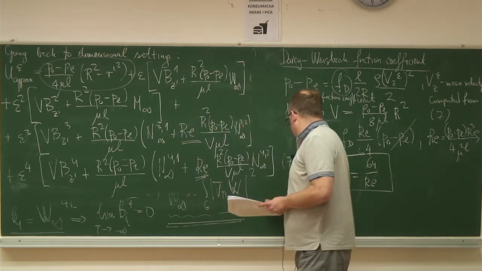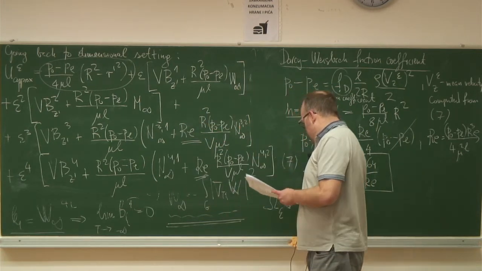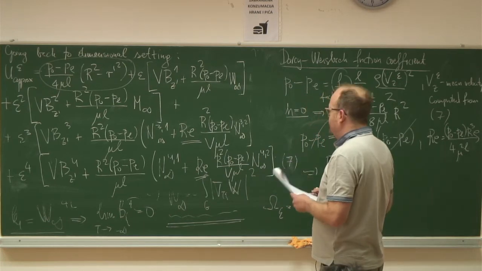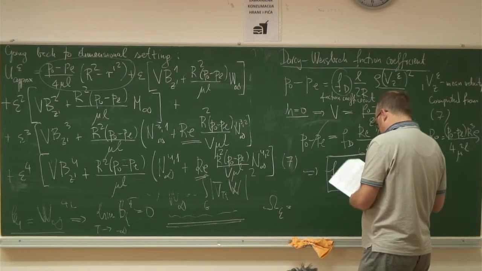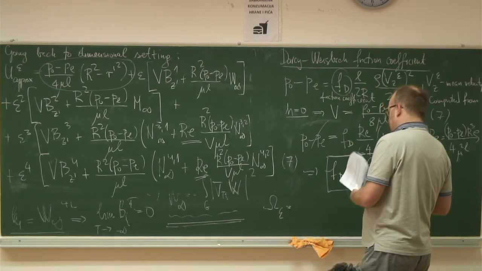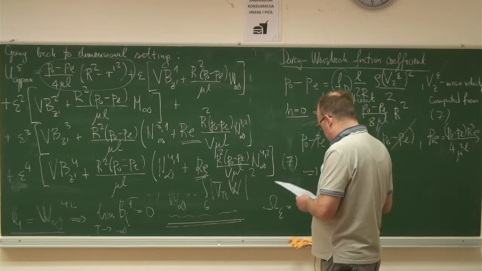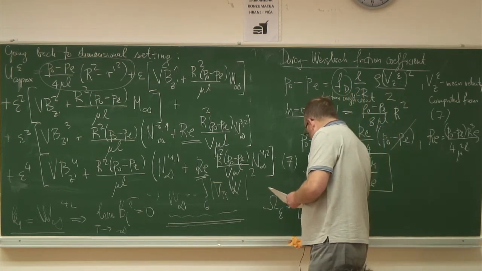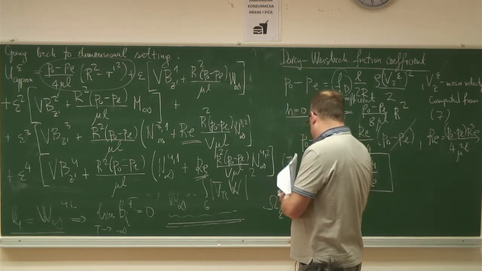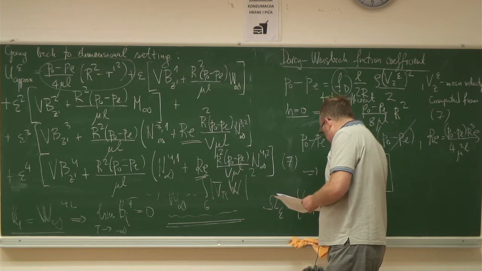So let us denote our domain by omega epsilon. Yes, now we are back to the non-dimensional case. Okay, I will start so you can understand.